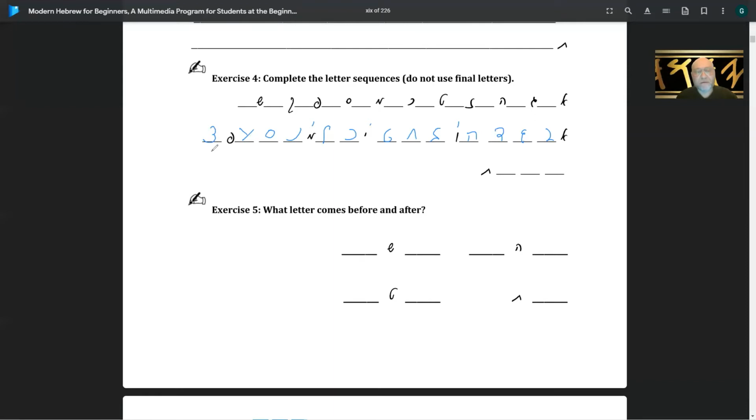Zadi. Okay, Tet, Zadi. Kof, Resh, and Sheen, and there it is, Tav. Okay, hopefully that last time we got it memorized, just about.